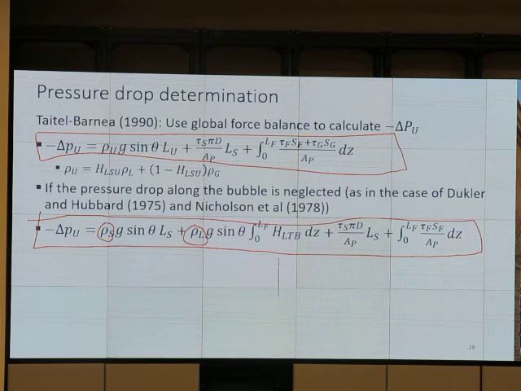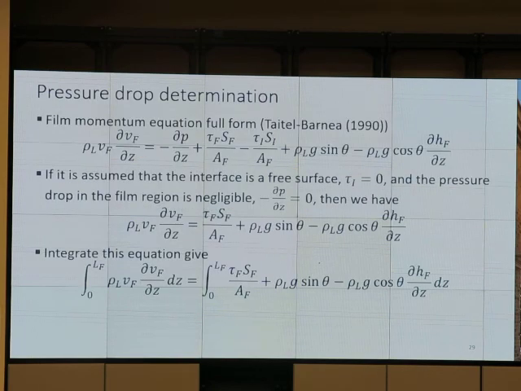This thing is the same that Dukler and Hubbard used. It should be the same, because they calculate the same thing. But it's not quite. Let's take a look in detail. For the film full momentum equation, we have this. Assume tau I equal to 0, that term is gone. Pressure drop in the film is negligible, that term is gone.